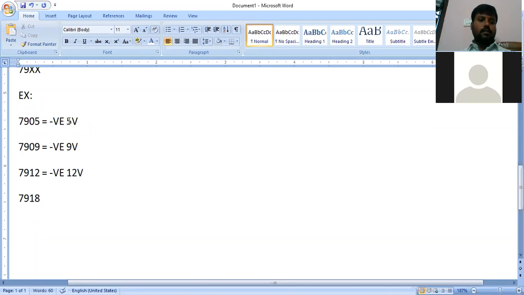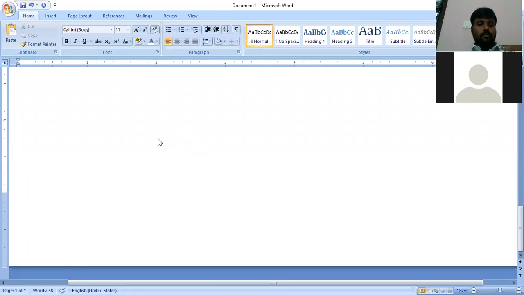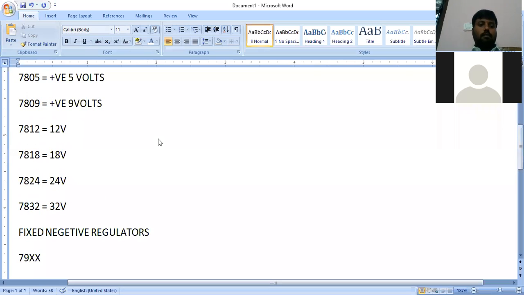Here minus 5 volts, here minus 9 volts, and here minus 12 volts is the output of this 7912 voltage regulator. Now the 78 series gives positive voltages, and if it is not mentioned, 7812 equals plus 12 volts itself.